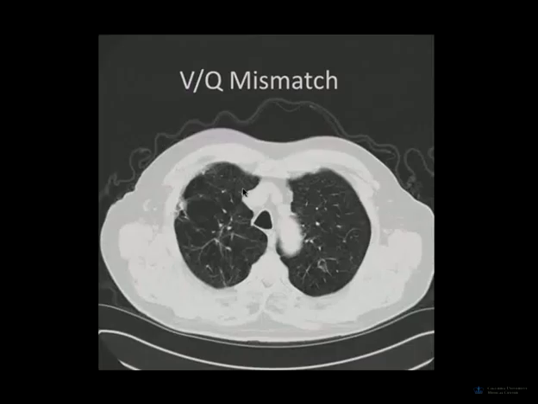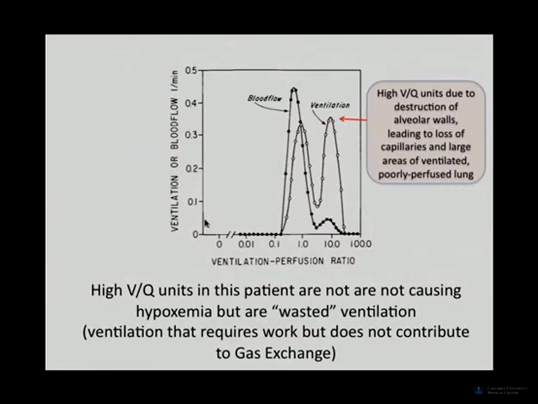Now, you can have diseases with VQ mismatch in the other direction as well. This is a person with emphysema. They have some scarring here, but mostly it's just a lot of black. They have a lot of destroyed lung tissue. There's no capillaries in this big bunch of air. They're going to have a West diagram that looks like this, with some areas that are getting a lot of ventilation but no perfusion.